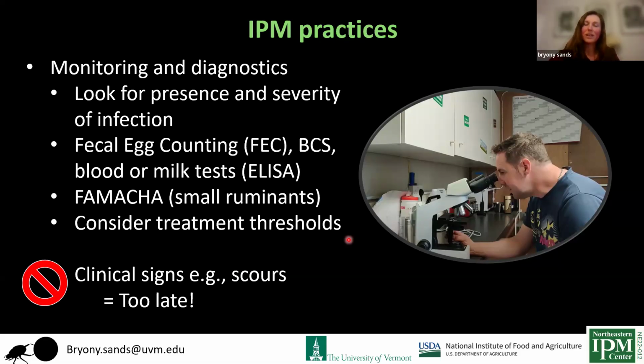So it is likely that animals will have internal parasites, but we need to know at what level that actually becomes an issue and at what level we need to take action. And hopefully we are avoiding a level where we're seeing clinical signs such as scours. Obviously that does happen, but by using these tools, we're trying not to get to that point.